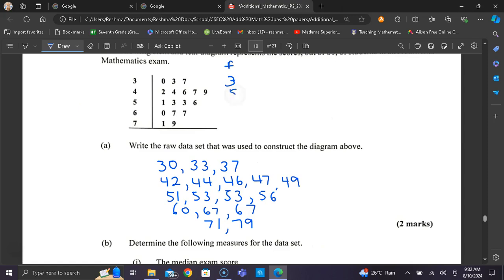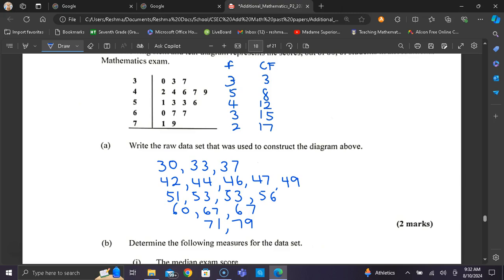Next we have 5, then 4, then 3, then 2. And next to that, we could also write in the cumulative frequency. So we have 3, 3 and 5 is 8, 8 and 4 is 12, 12 and 3 is 15, 15 and 2 is 17. When we have to find the median, it gives us an easier way to find the median value.